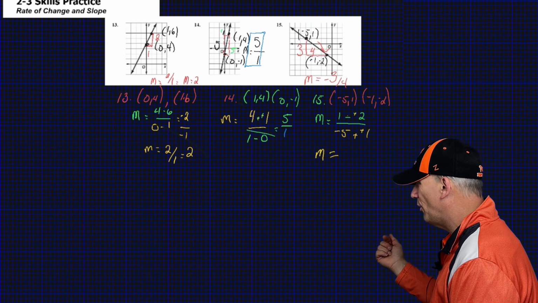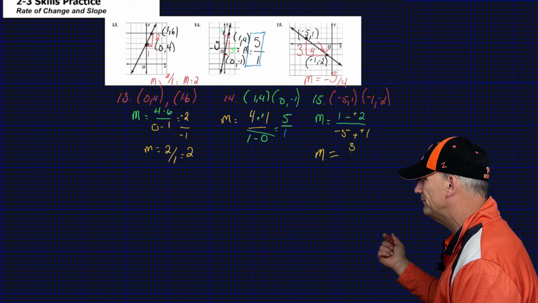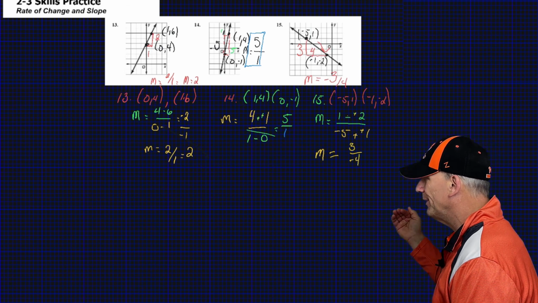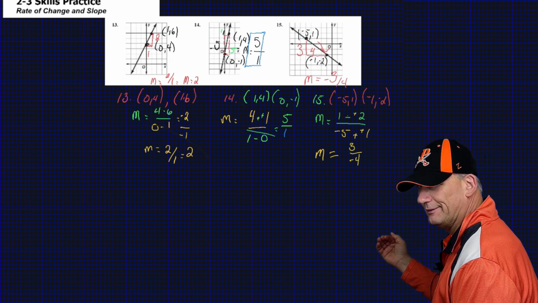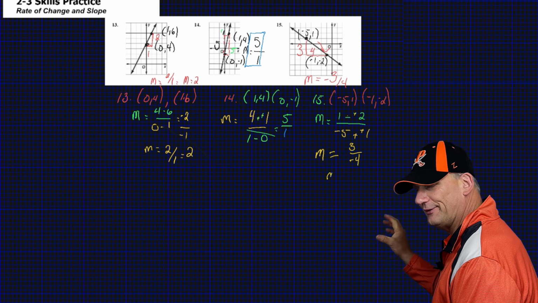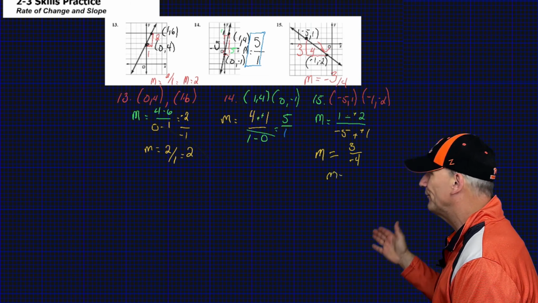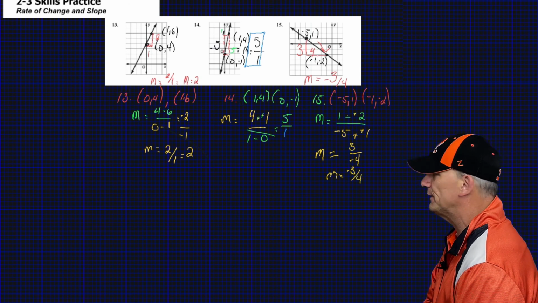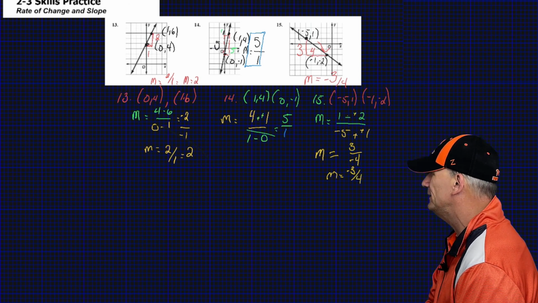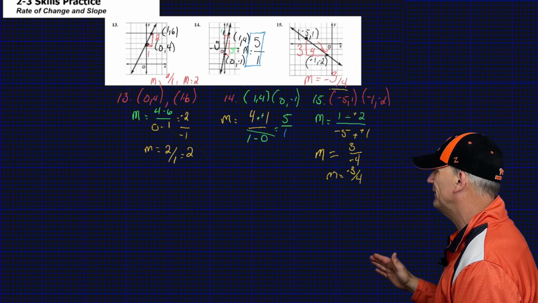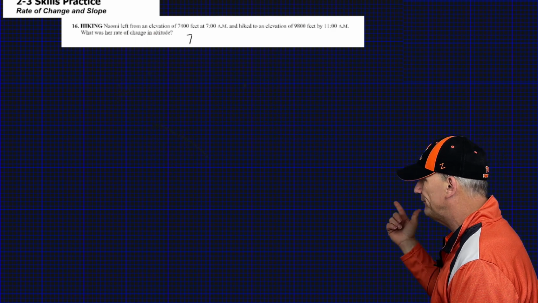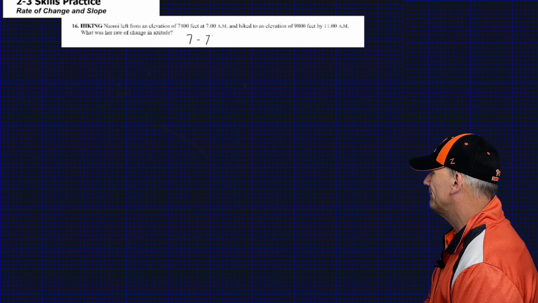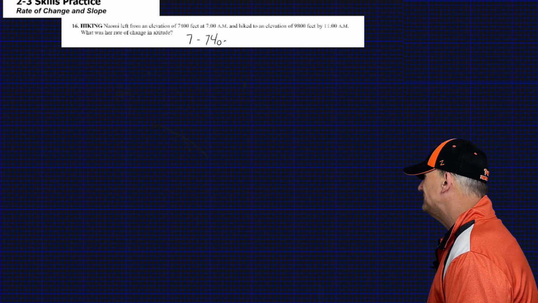Positive 3 over negative 4, right? But the negative 4 makes the entire fraction negative, so it's a negative 3/4. That's what we came up with just by looking at the graph without doing any calculations. Because it's going down from left to right, it's negative. And we went to the left 4 and up 3. That's 3 over 4.